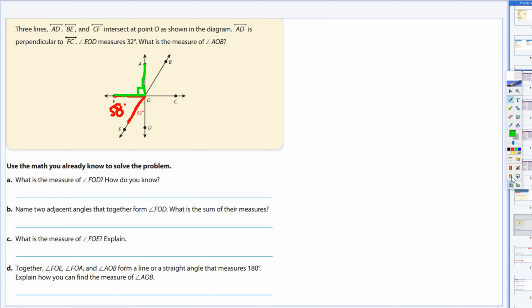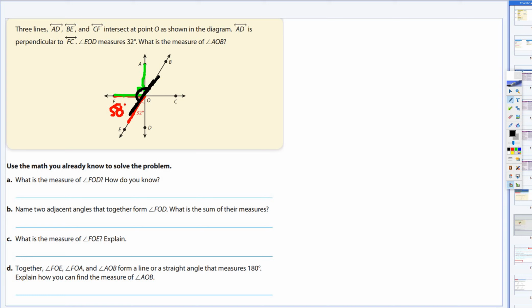All three of these angles together will make 180. That is not supplementary angles, by the way. Supplementary angles are when two angles add up to 180. Not three, not four, and so forth. Two angles that add up to 180 is supplementary. These are not. But all three angles combined, the 58, the 90, and whatever is left here, will make a straight angle. Can everybody see that?